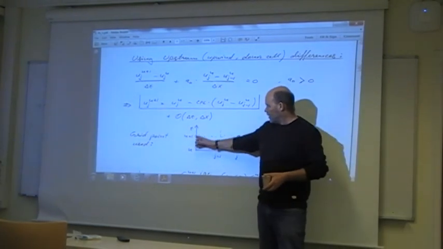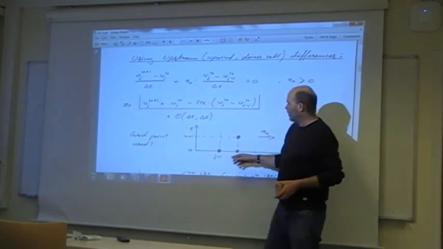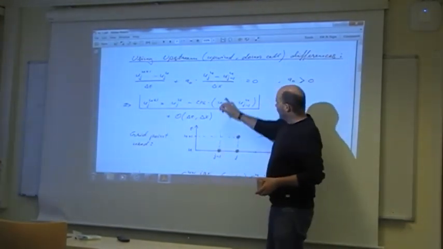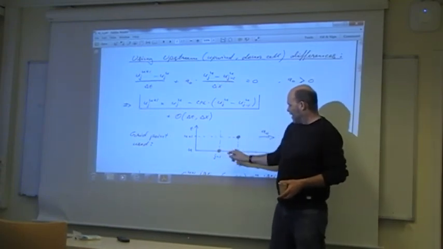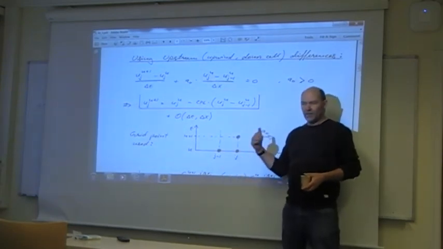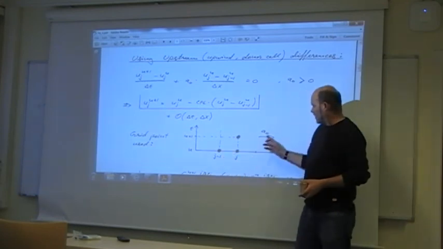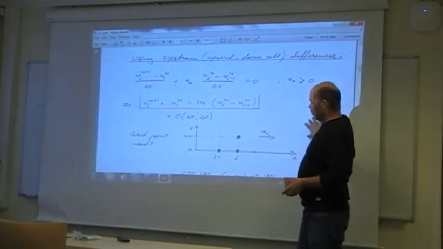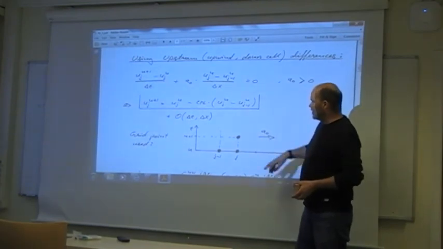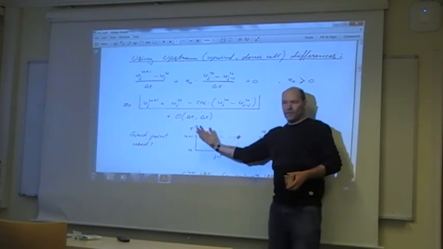Going from time level n to n plus 1, I only use these 2 points. So I need the old one here in the time derivative. But for the spatial discretization, I create a derivative among these 2. So actually, if you think in terms of central space differencing, then you have a second order accurate derivative here in between these 2 points. But since the information is moving to the right, it should be reasonable to say that for the solution here, we should find most of the information upstream, since it's going to travel to the right.